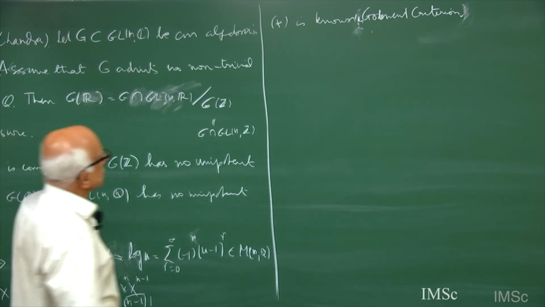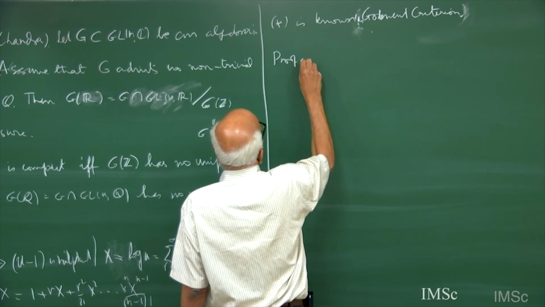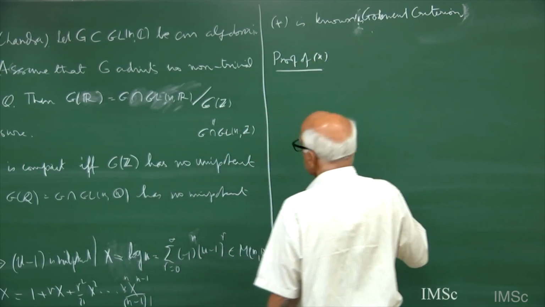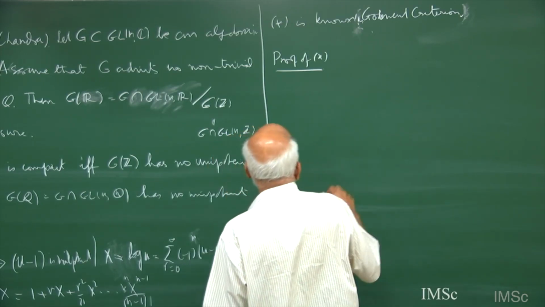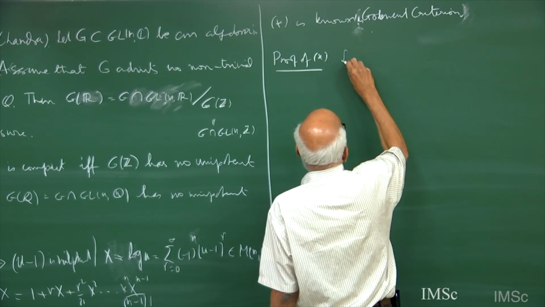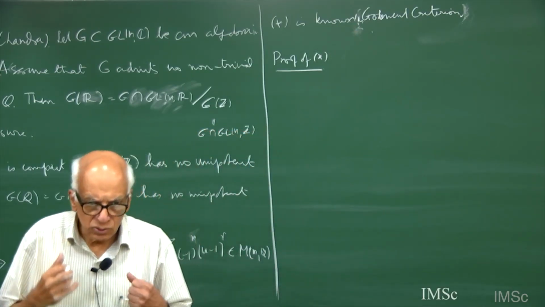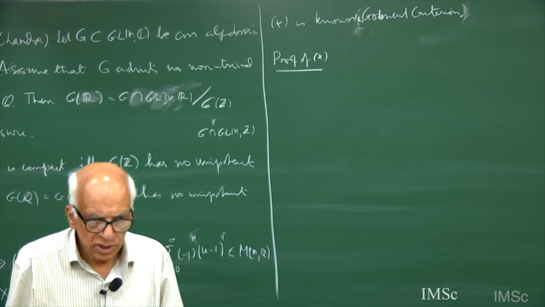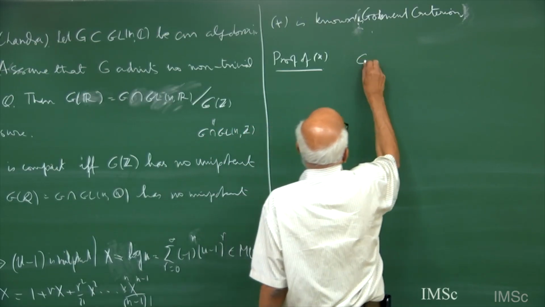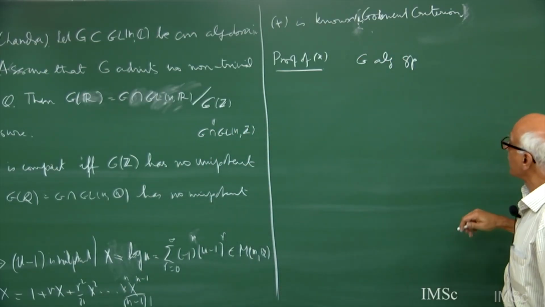Firstly, proof of star I am embarking on now. First reduction: any algebraic group has a maximal normal unipotent subgroup. G is an algebraic group, I am not saying anything about the field of definition.